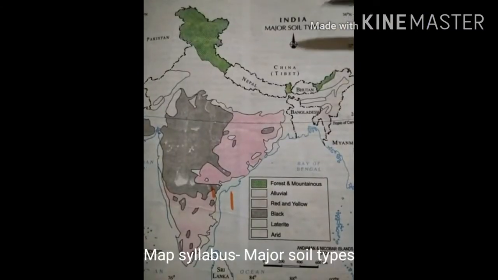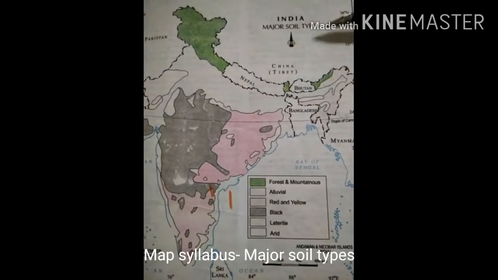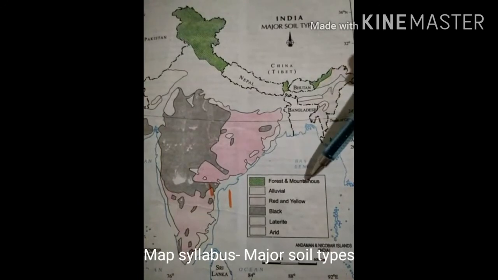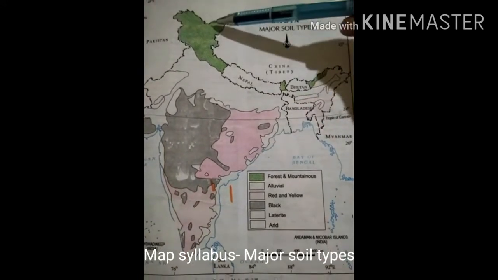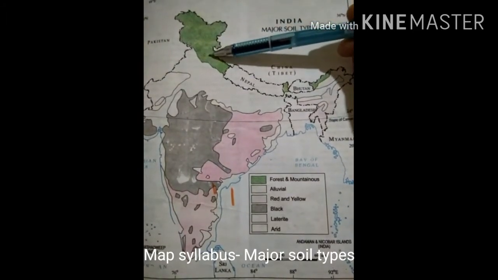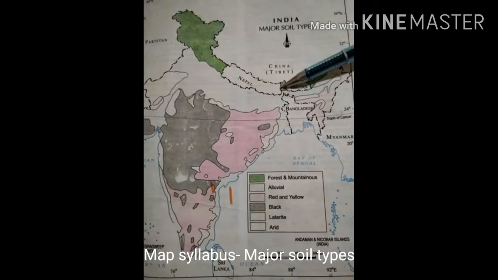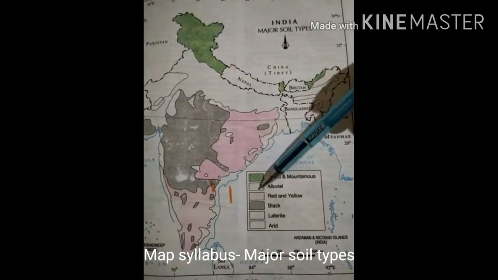Now let's have a look at the Indian map and the distribution of major soil types. First of all, the forest and mountainous soil, which is highlighted with green color. It is present in the Jammu and Kashmir region and Ladakh region, Himachal Pradesh, Uttarakhand, Sikkim and some part of Arunachal Pradesh. Then alluvial soil.